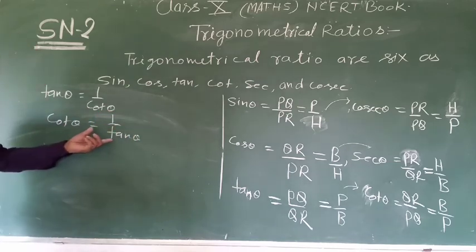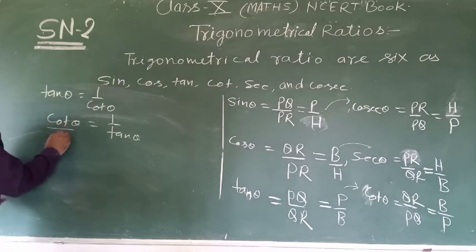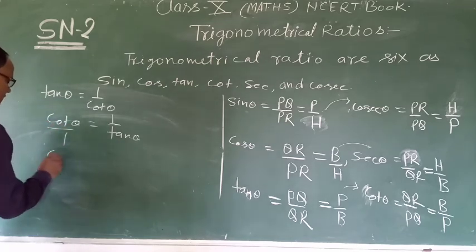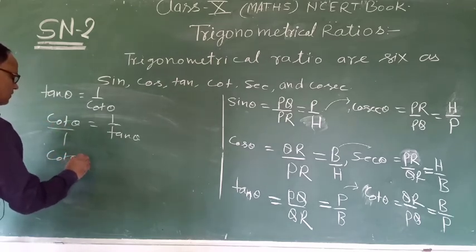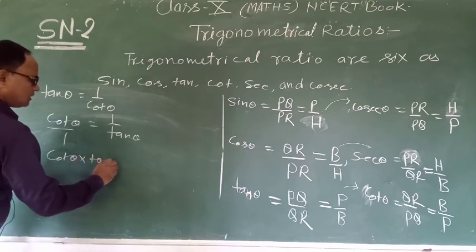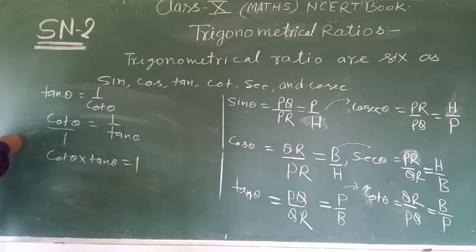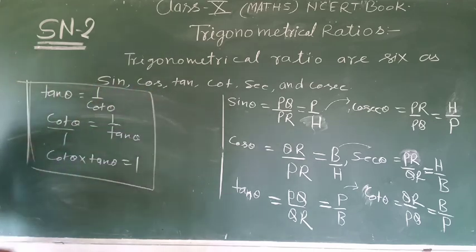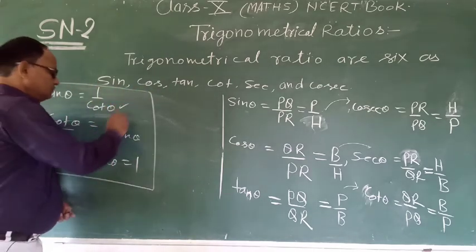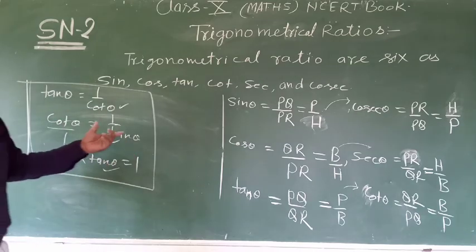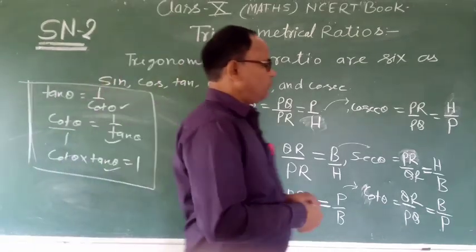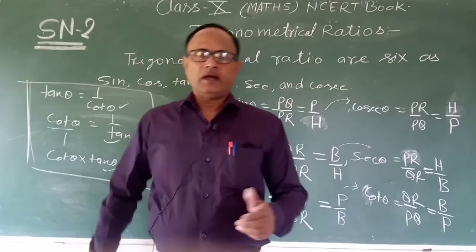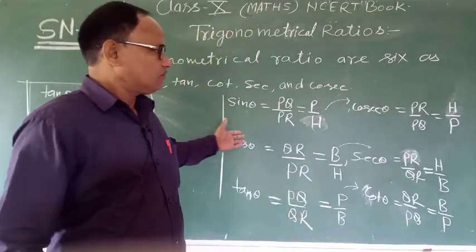Cross multiplying, cot theta into tan theta is equal to 1. This also makes three formulas. So this concept is very important and you should learn all of it.